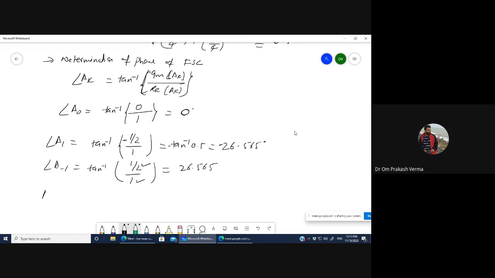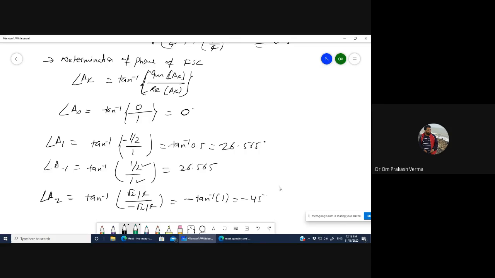In the case of the angle of A minus 2, the imaginary part is root 2 by 4 and the real part is minus root 2 by 4, so minus tan inverse 1, which is minus 45 degrees.